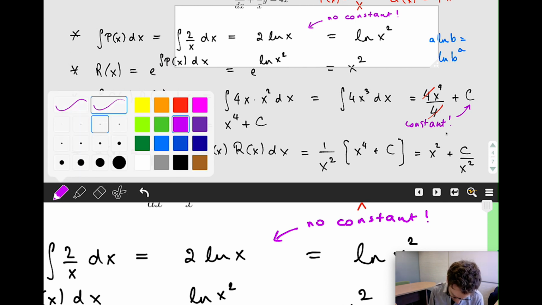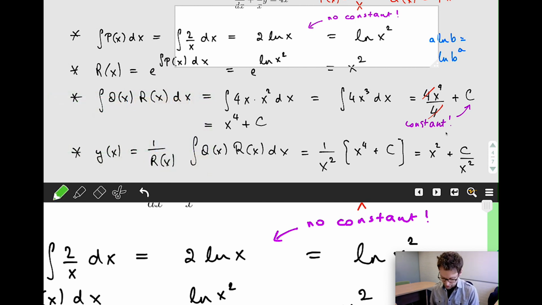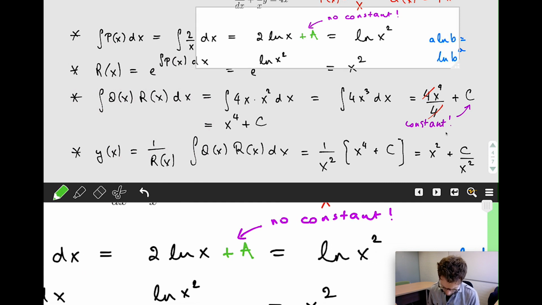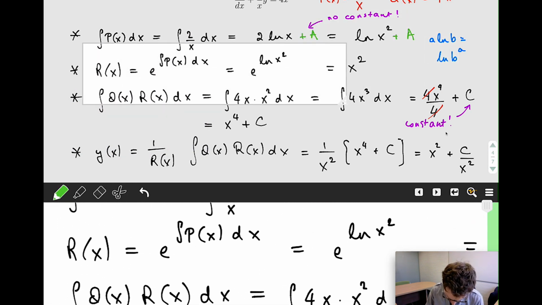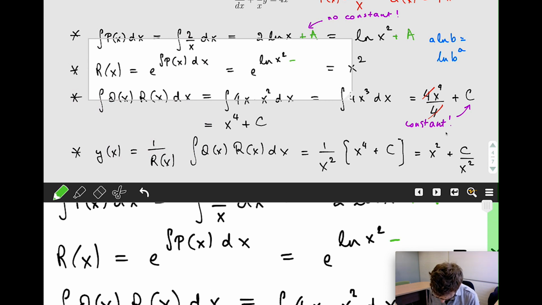So I'm going to put it in green here just to show what happens, but again remember that we're not going to include it when we do these calculations. So let's include a constant of integration. So I would end up with a plus a here. And when I do my calculation for r of x, I'd have a plus a here.